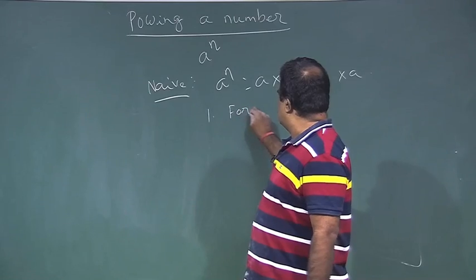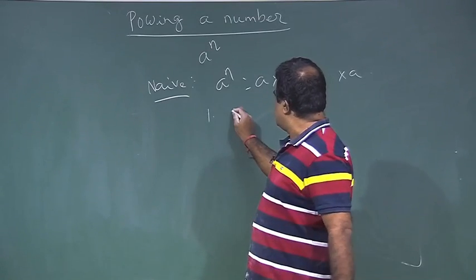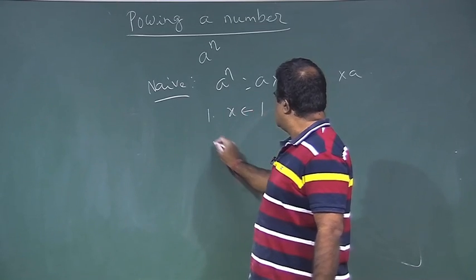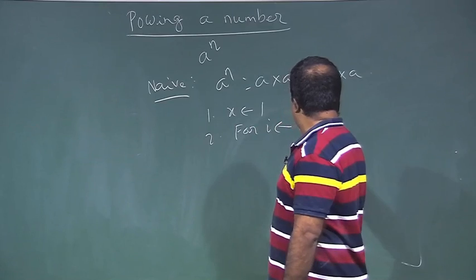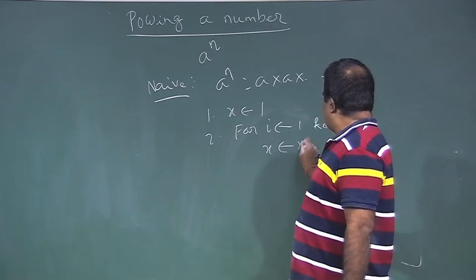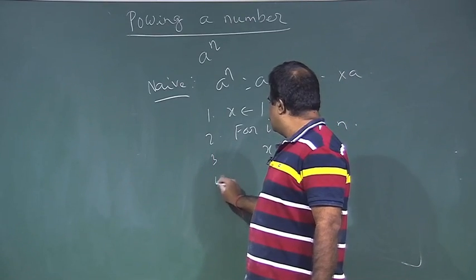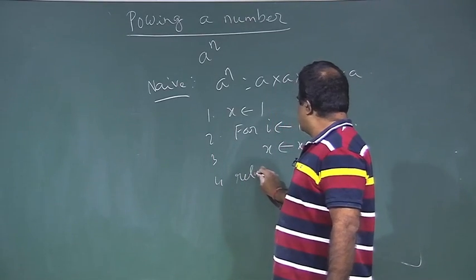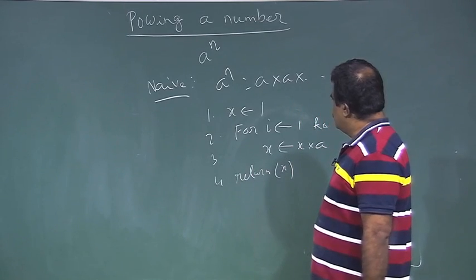Before that we need to set x equal to 1, and then for i equal to 1 to n, x equal to x into a. That is it. Then return x. So, x is basically a to the power n.